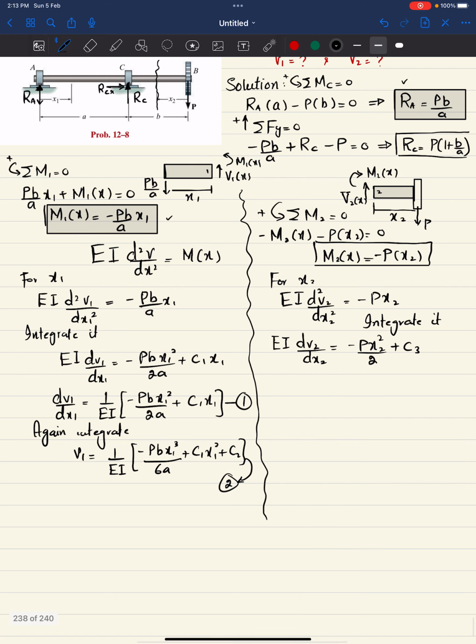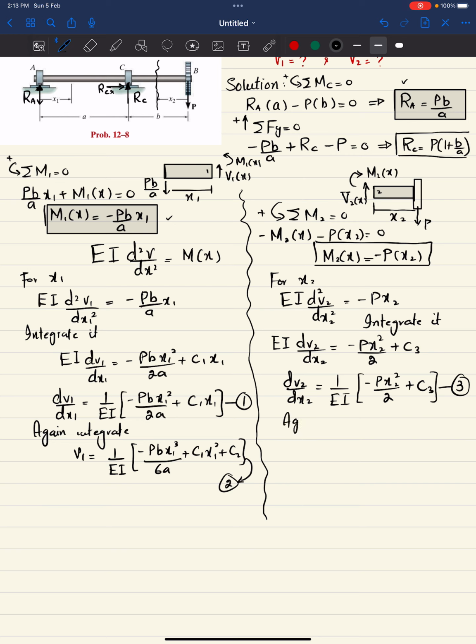Clear? And if you divide EI on both sides, you will get dv2/dx2 equal to 1/(EI) multiplied by minus P x2²/2 plus C3. Let this be your equation number 3.